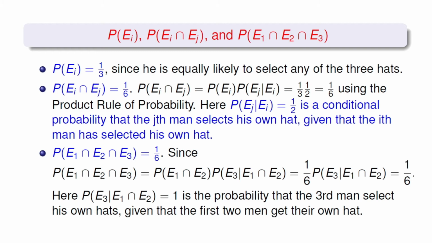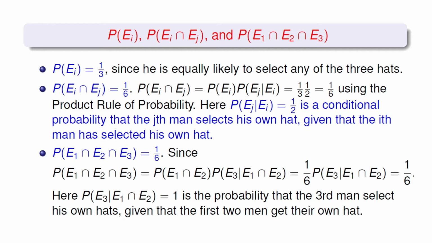It equals the probability of E1 intersect E2 times the probability of E3 given that E1 and E2 have occurred. We already found in step 2 that the probability of the intersection is 1/6. Then what is the conditional probability? This conditional probability is 1.